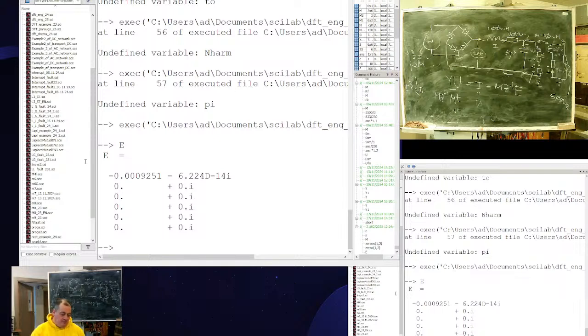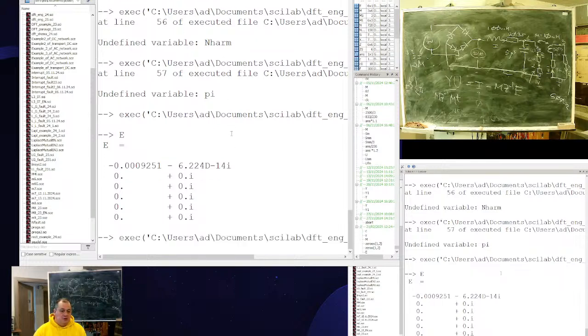So here Z1 is the Jordan of it, and the nodal admittance matrix will be M multiplied by Z1 and multiplied by M transposed.